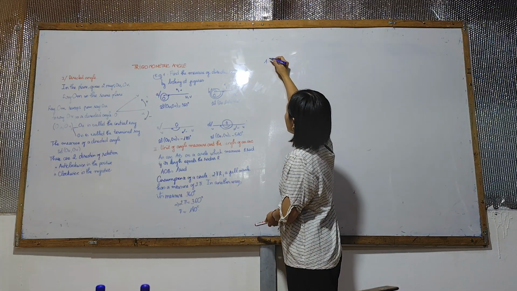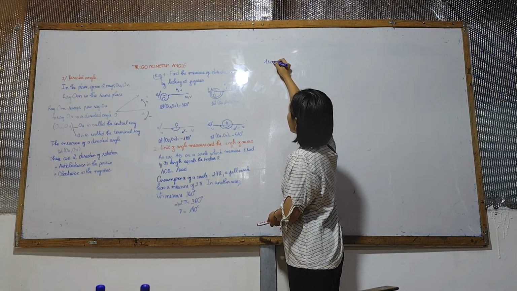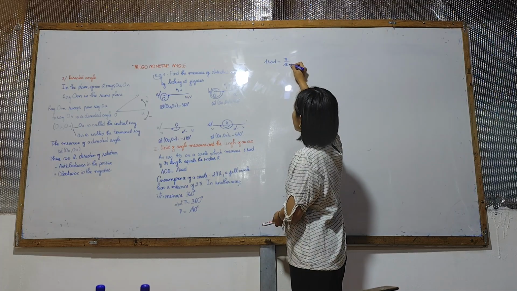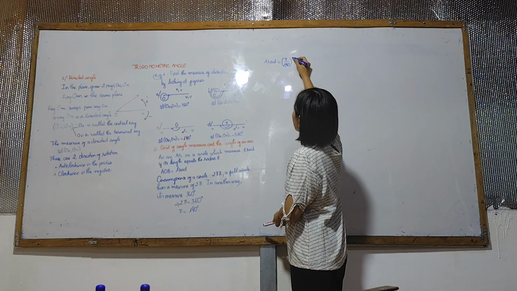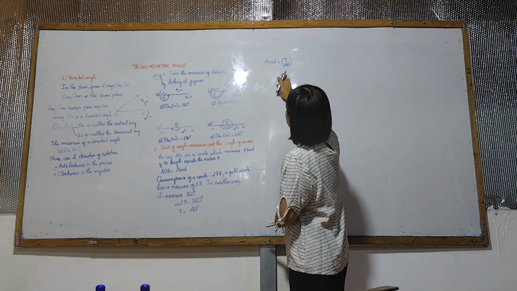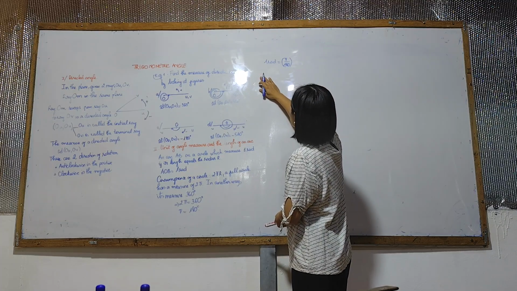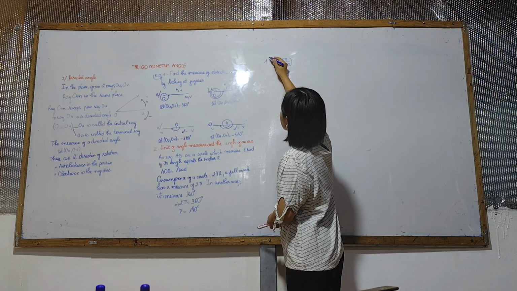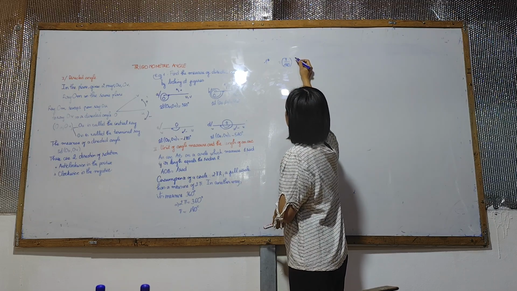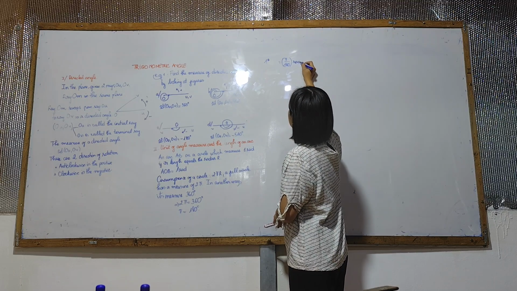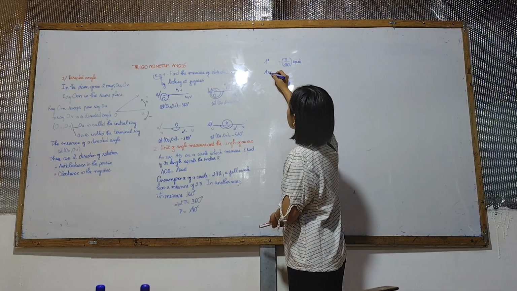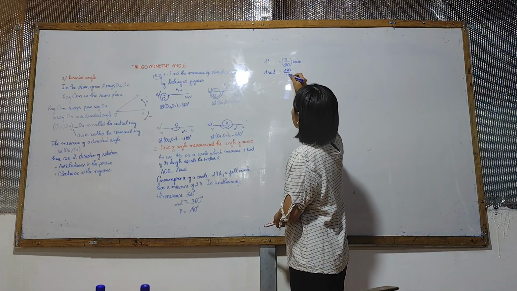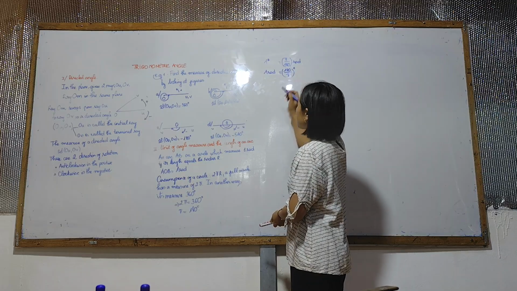We have 1 degree equals pi over 180 radian, or 1 radian equals 180 over pi degrees.